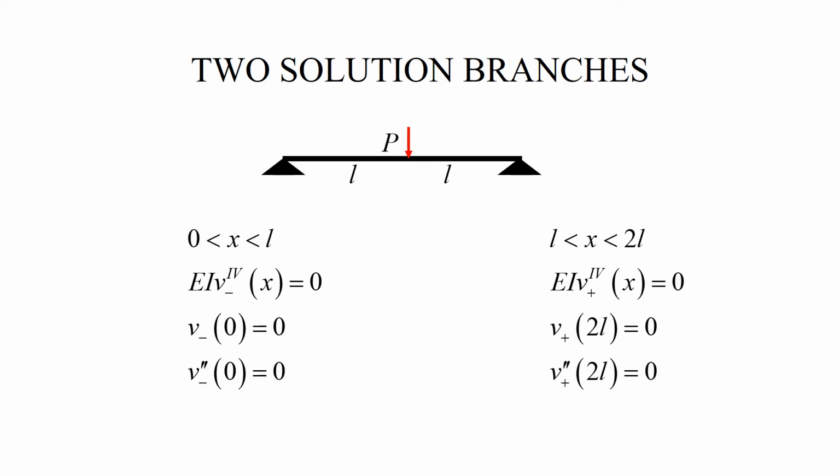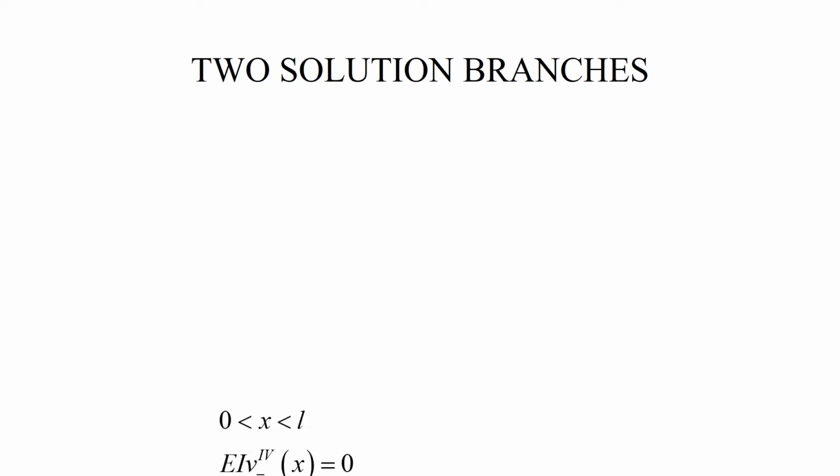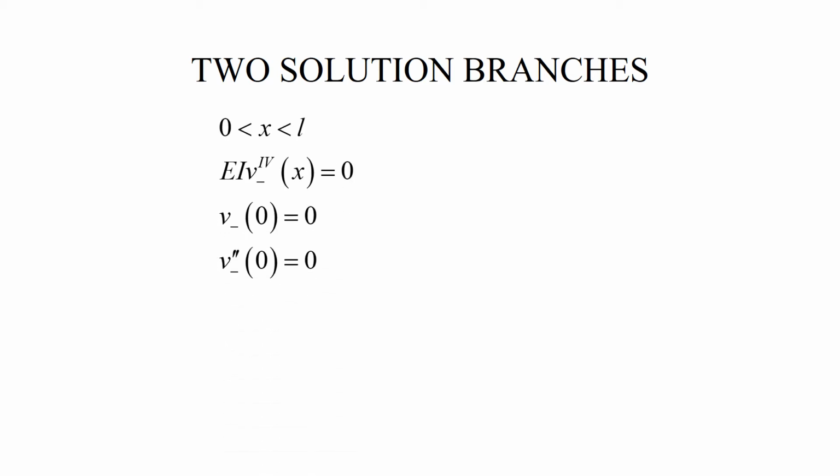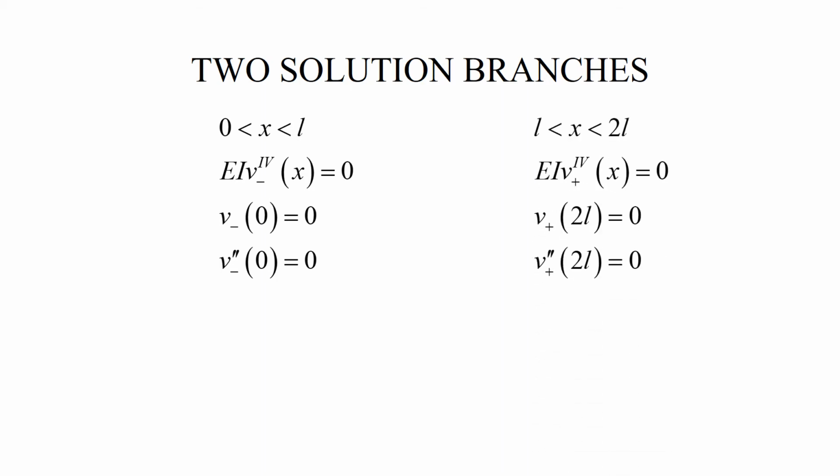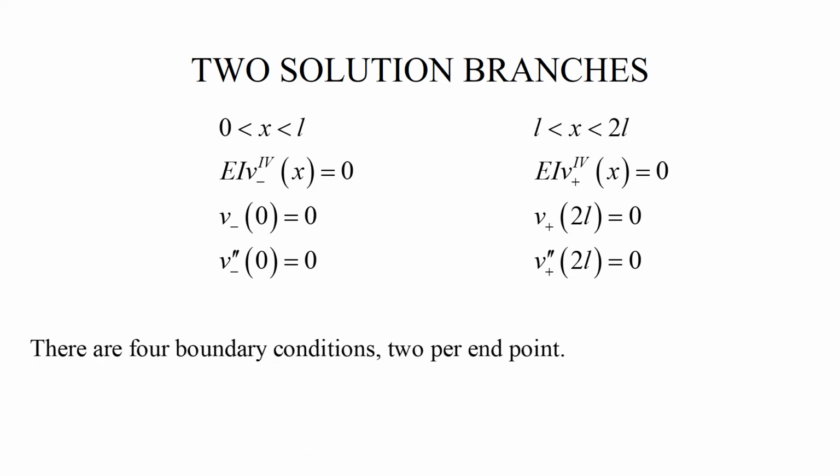Now, it's all good. I can just simply copy what I had from the previous page, and now I can make some observations. There are 4 boundary conditions in total, 2 per point.